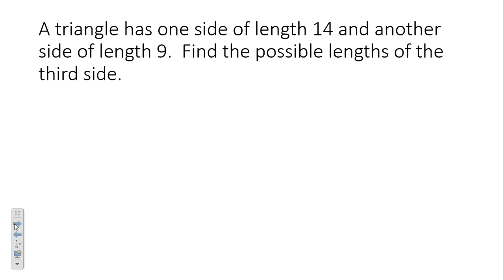Add them. 9 plus 14 is a total of 23, right? So can it be exactly 23? It can be anything between 14 and 23, right? It can be up to 23, but when we hit 23, then it collapses on itself. So we know that x has to be smaller than 23, but can't be exactly equal to 23.